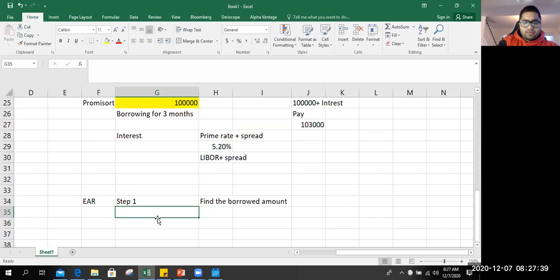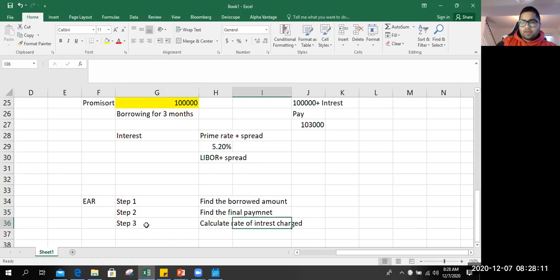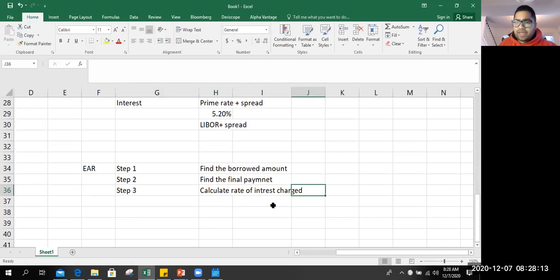Step two, find the final payment. So find the borrowed amount, find the final payment. Step three, calculate the rate of interest charge.